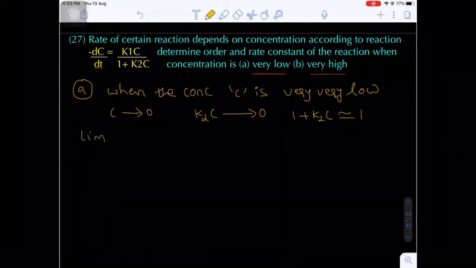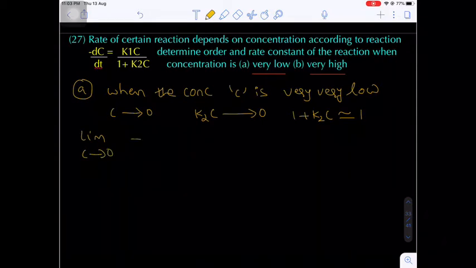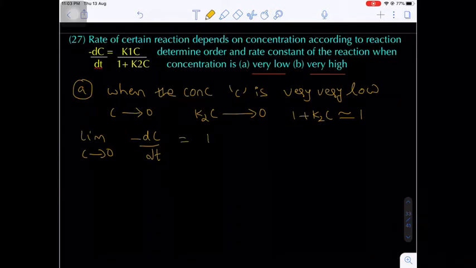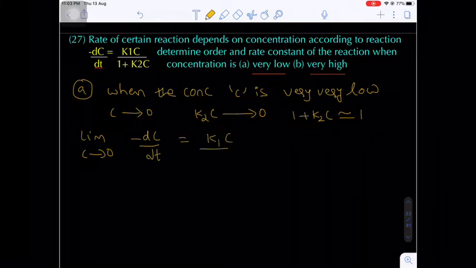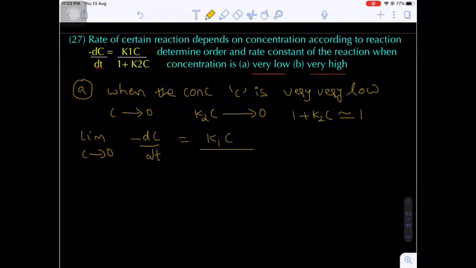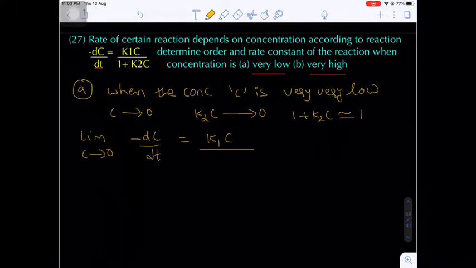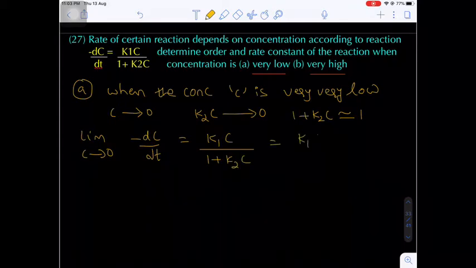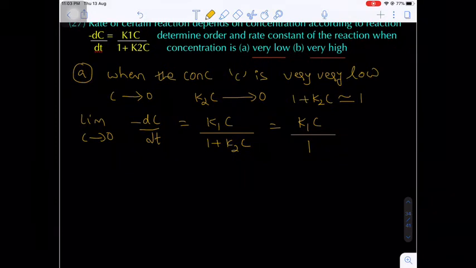Now here, limit C tends to 0, minus dC by dt is equal to K1 into C divided by 1 plus K2C. In the denominator I write only 1, so this equals K1 into C divided by 1.